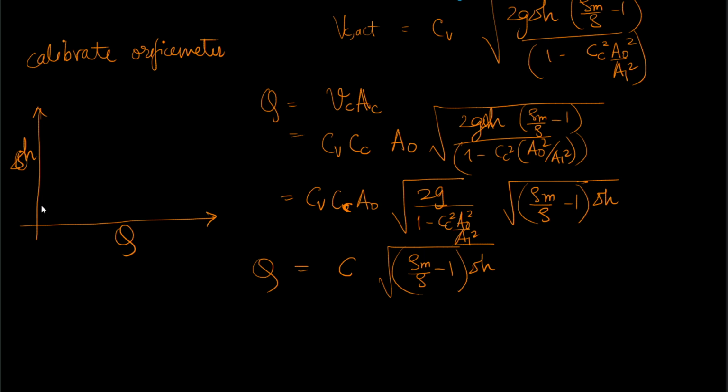Given that it's a square root, the calibration curve will look something like this. Now your task is to find out the points where they lie, and then you have a lookup table through which you can do a suitable interpolation to find the volume flow rate for a given random delta H. But the key point here is that orifice meters of a given orifice area are accurate only for a certain flow range.